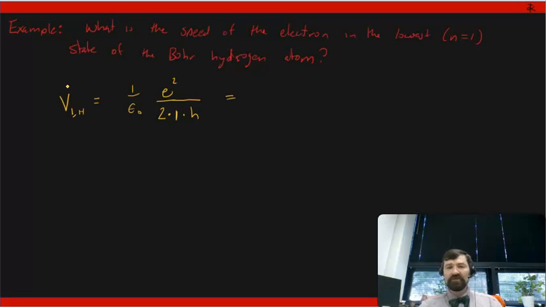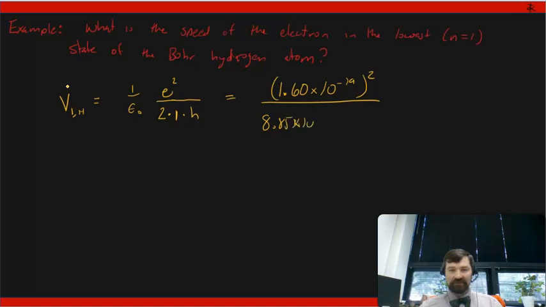Okay, so elementary charge is about 1.60 times 10 to the minus 19, and we've got to square that, and then we're dividing that by 8.85 times 10 to the negative 12 farads per meter.